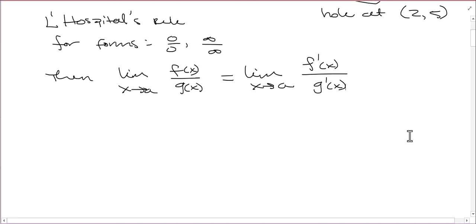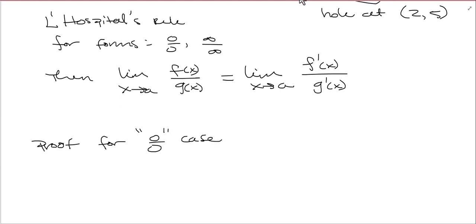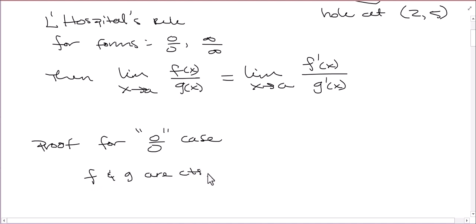And so, a quick proof of that, we'll do it for the 0 over 0 case. In order to have the 0 over 0 case, that means that f and g are continuous functions. So let's say f and g are continuous and differentiable.